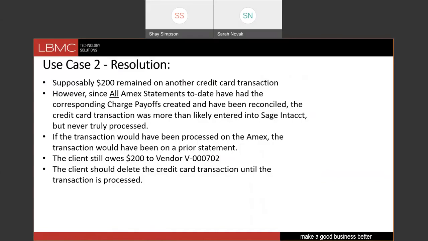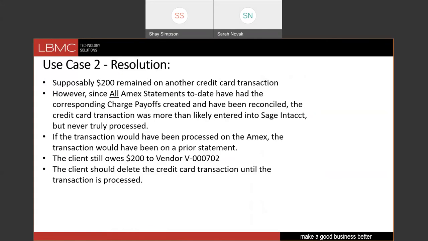Okay, so we couldn't necessarily determine from our conversations if maybe they supplied to vendor 702 and maybe told them to run that secondary transaction for $200, and maybe vendor 702 didn't run the card, or the transaction could have failed.